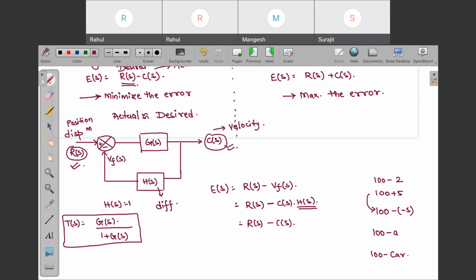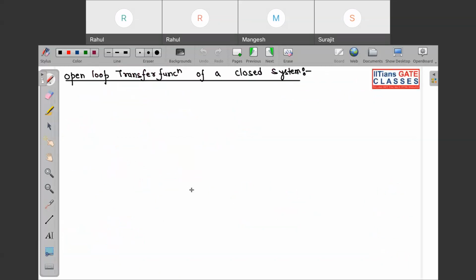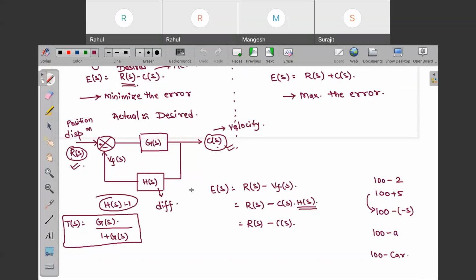So did you understand why this Hs is important? Hs becomes 1 whenever the output and input are of the same quantity. Is this clear? Any doubts? This is sometimes asked in your interview, so I have cleared it. Any doubt, Surjit? Clear, sir. Any doubt? Okay, fine.